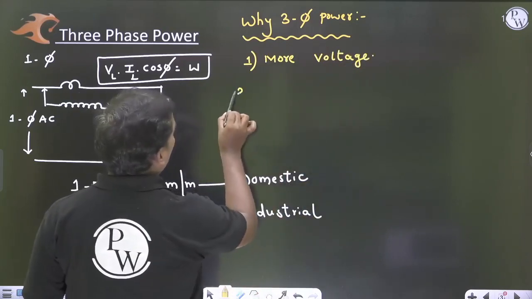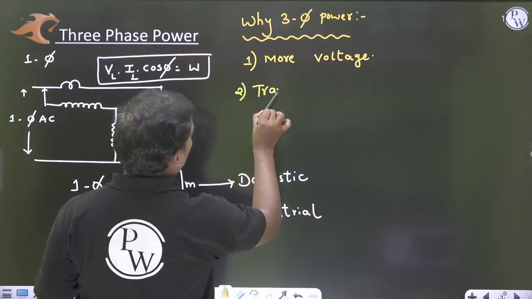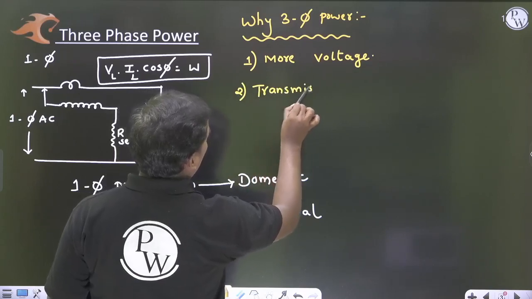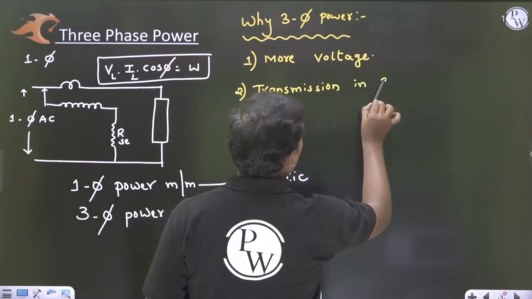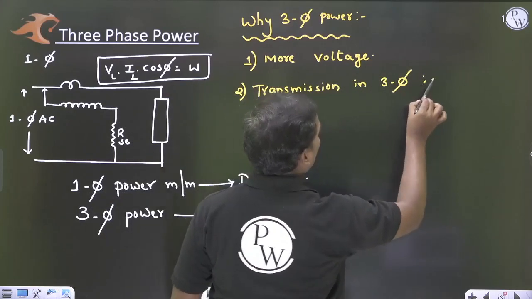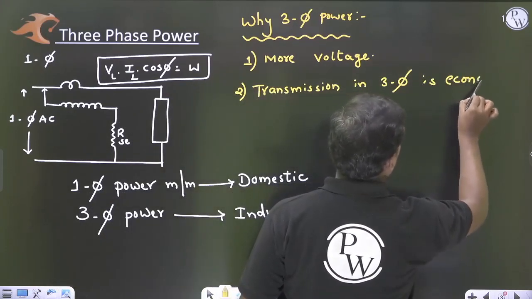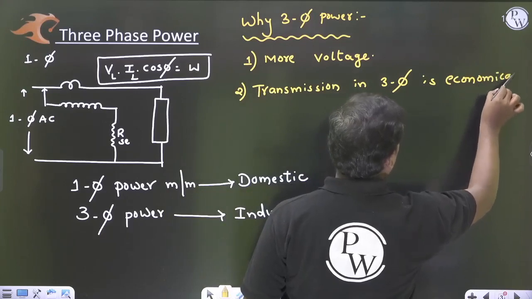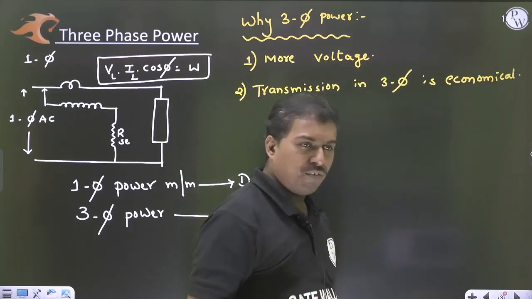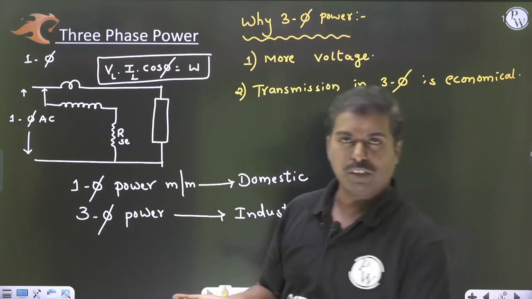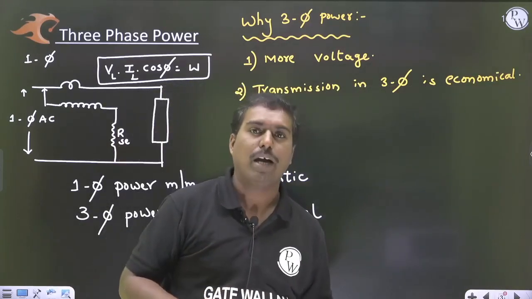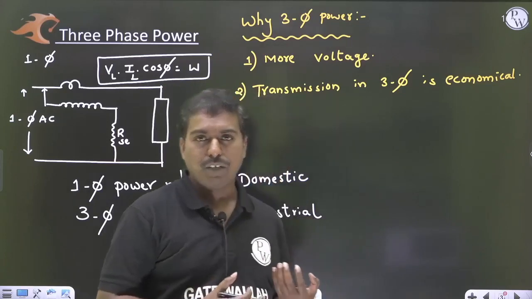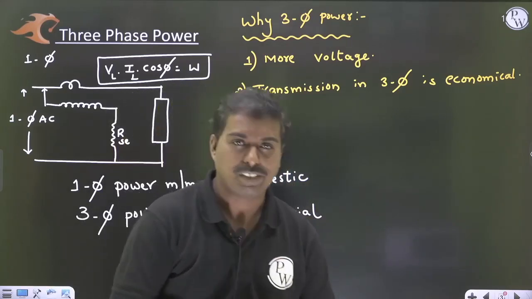Second point, the transmission in 3-phase is economical. Because if you want to use the single phase meters 3 times, how many coils, how many copper windings and how many conductors you require? Compared with 3-phase power, they are very, very less.